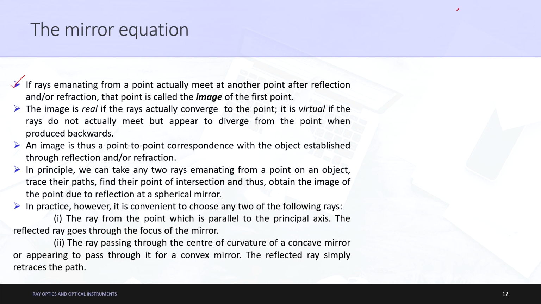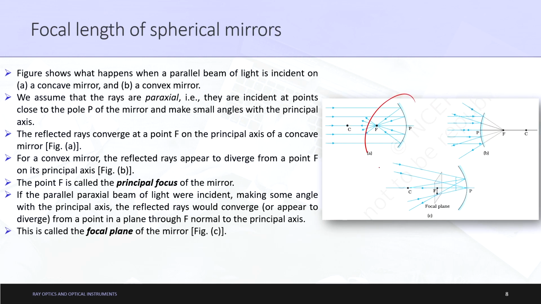So let me use the diagram from the previous case, so that it will be easy. As you can see in the diagram here, these are the rays which are being incident at this point. So you can see quite evidently that this can be the point at which the image will be formed, because the real rays are being used.